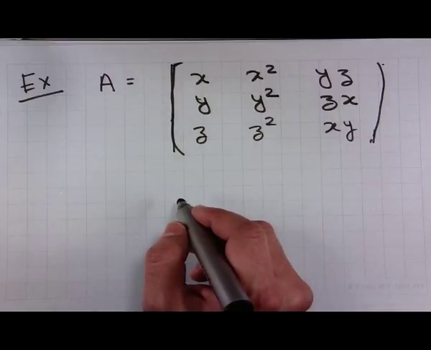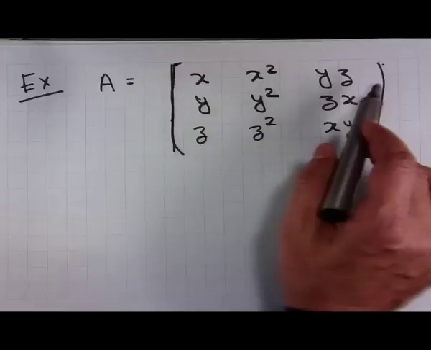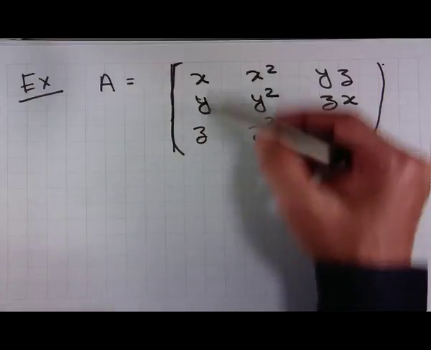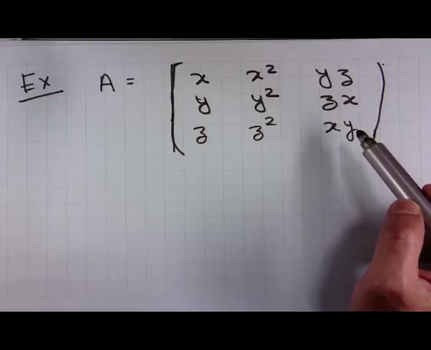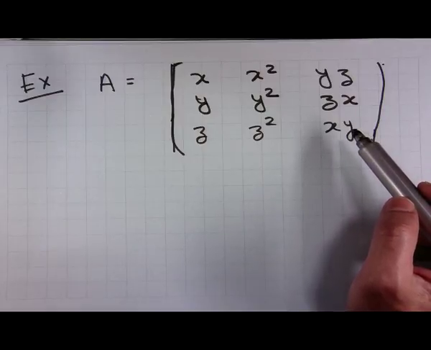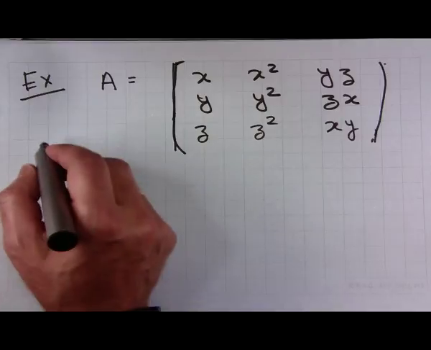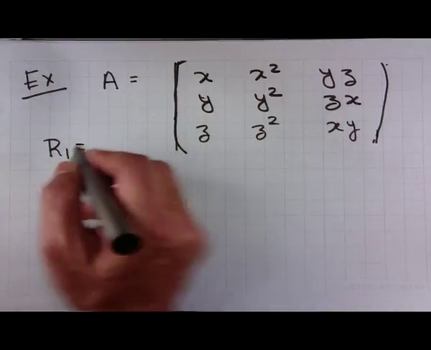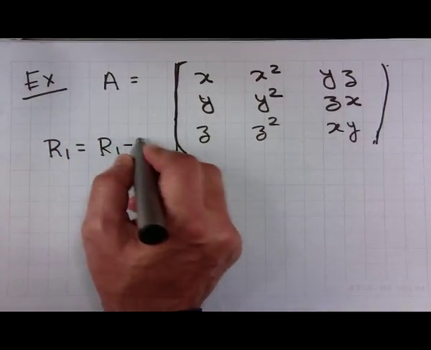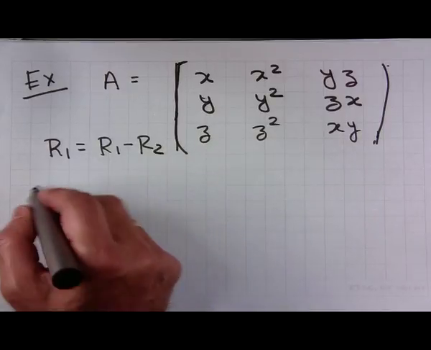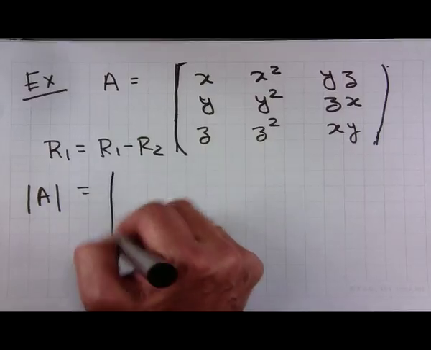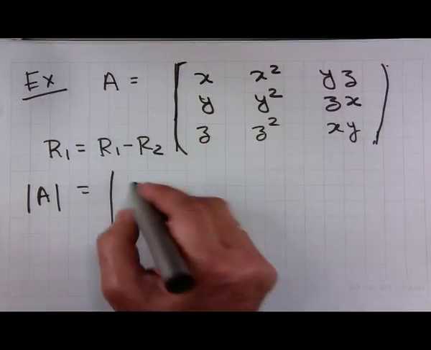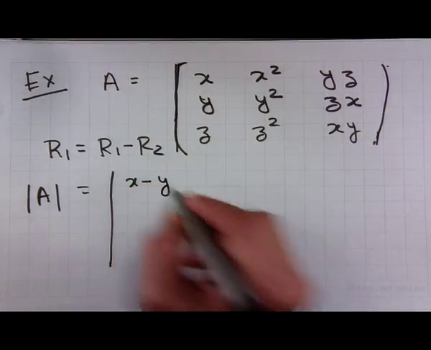As we can see, if we do the row operations by adding or subtracting, we can get something. So, what we do? We do row 1 is equal to row 1 minus row 2. Then determinant of A is same as determinant of what I am getting, x minus y.